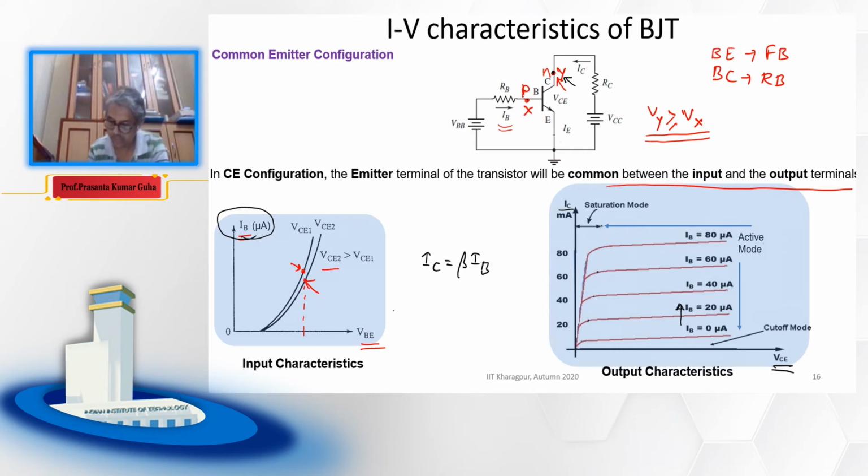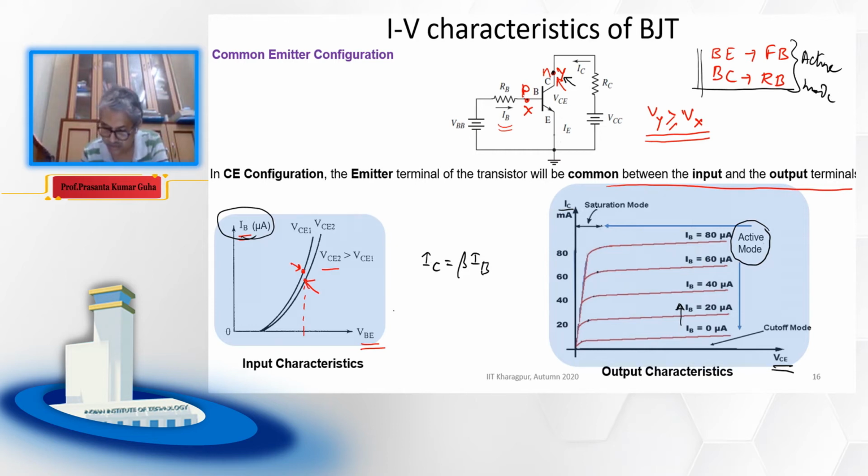So here also there are different modes of operation. One is active mode, where this condition needs to be there: base emitter junction forward bias and base collector junction reverse bias. So this is your active mode or forward active mode.